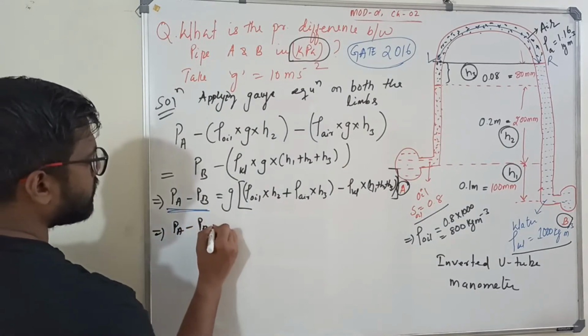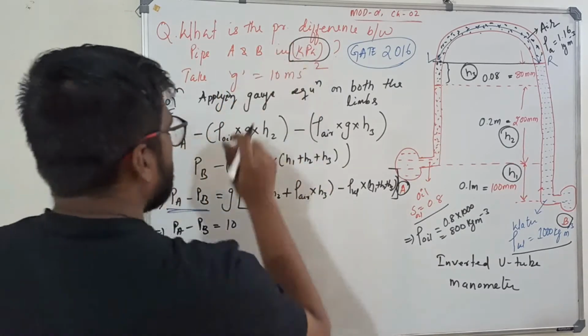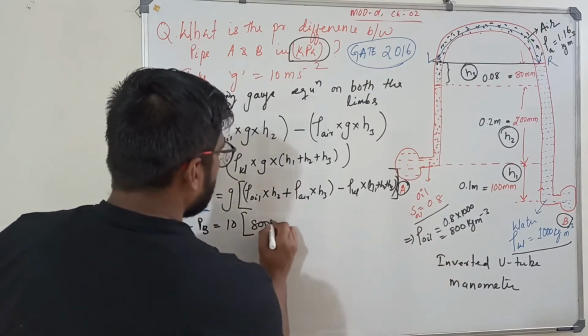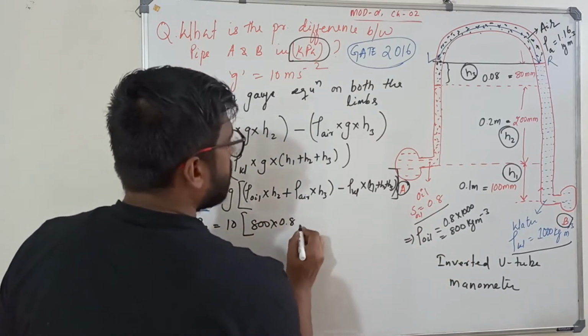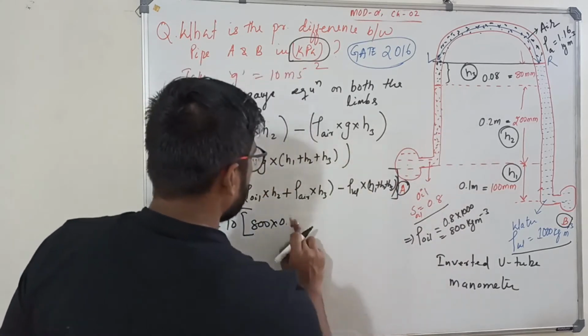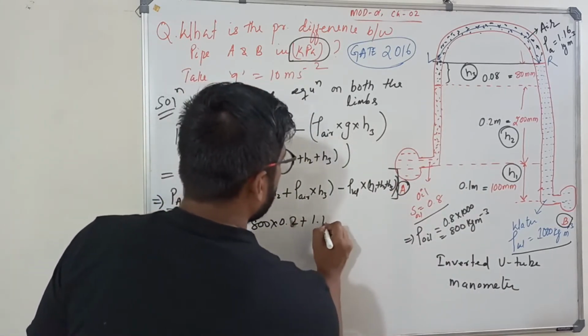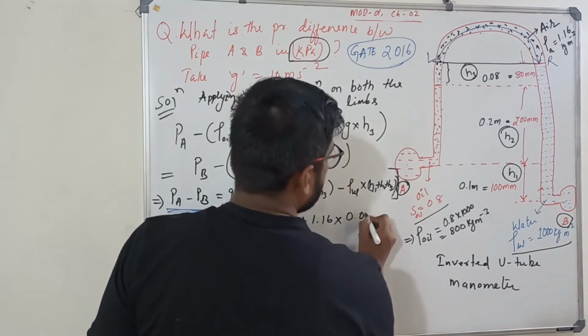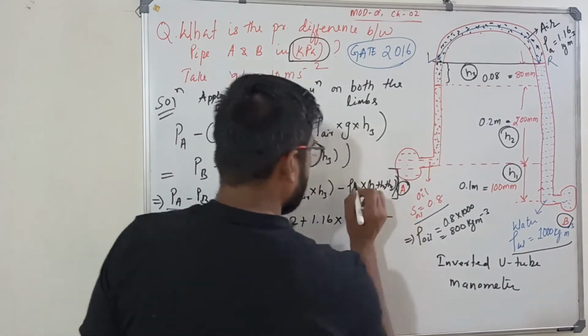Now many people can solve by themselves. g is given as 10 meter per second square. Density of oil is 800 multiplied by H2, 0.2, plus rho air 1.16 times H3, 0.08, minus water.